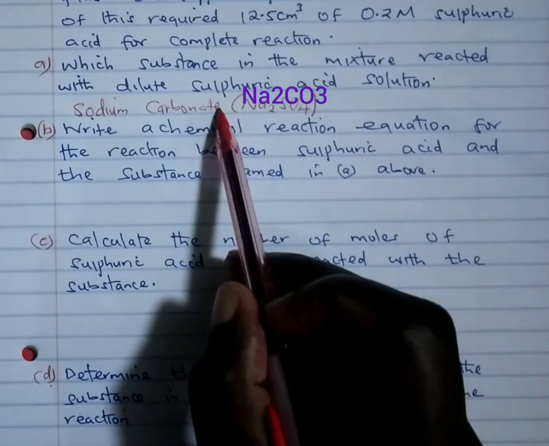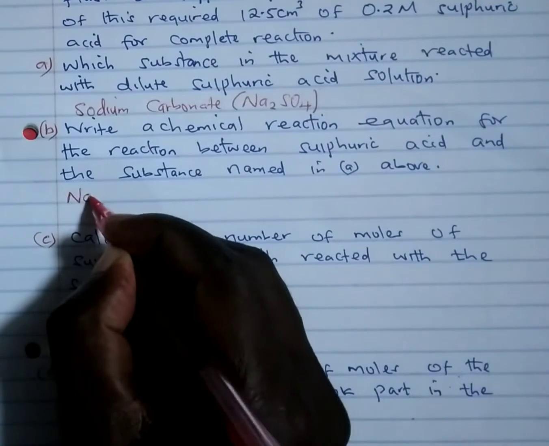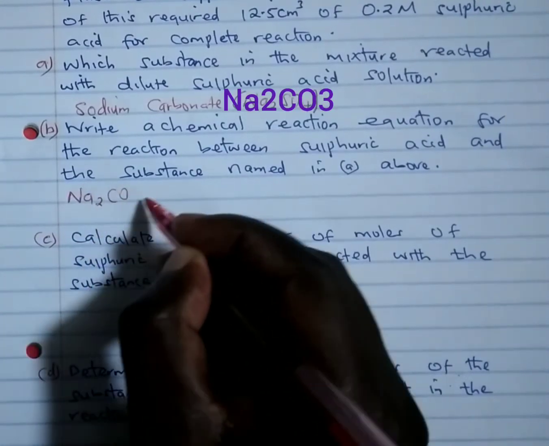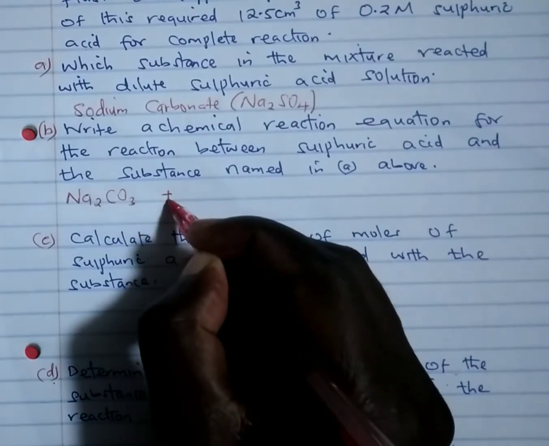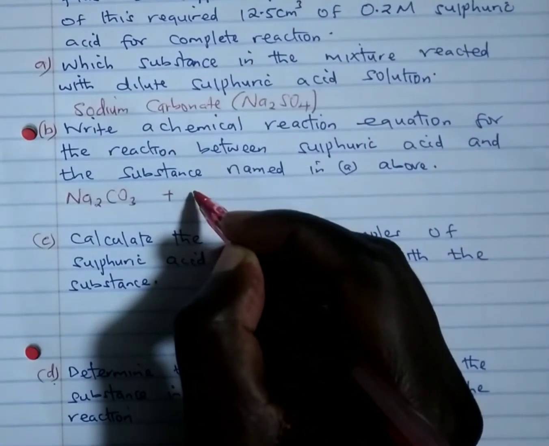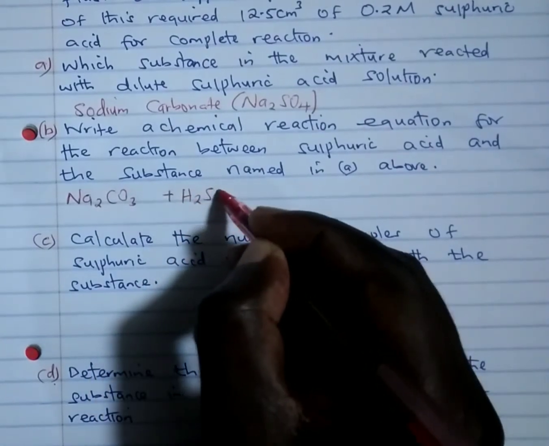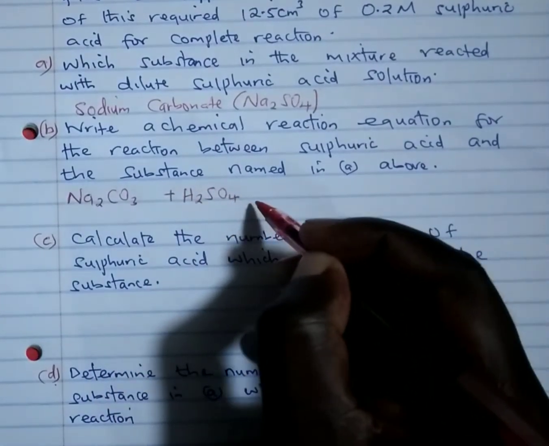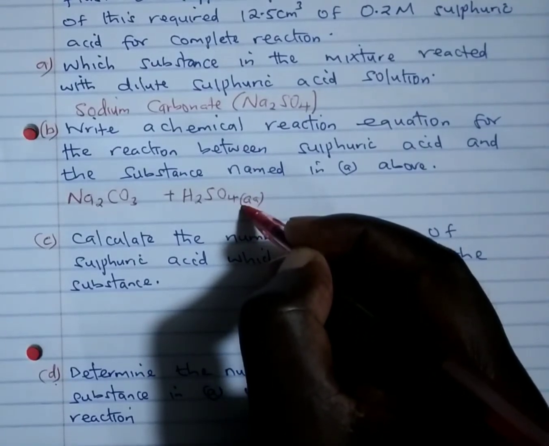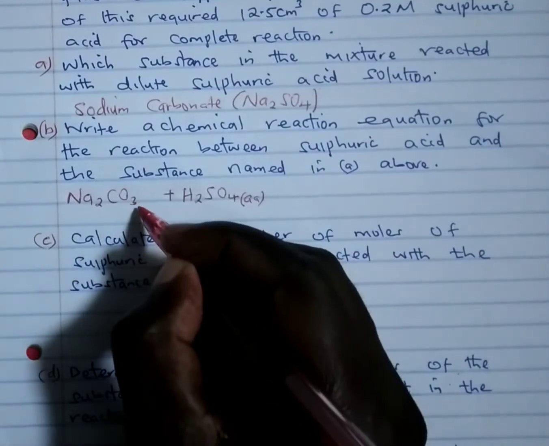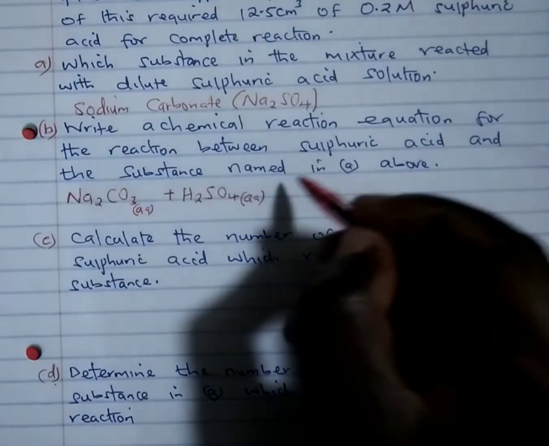So we are writing an equation for the reaction between sodium carbonate and dilute sulfuric acid, that is H2SO4. If it is dilute, it means it is in solution, and therefore we use aqueous. We have sodium carbonate, which is also in solution form, so this is aqueous.